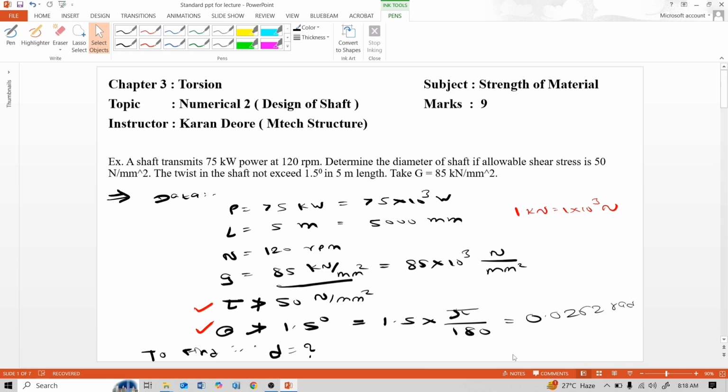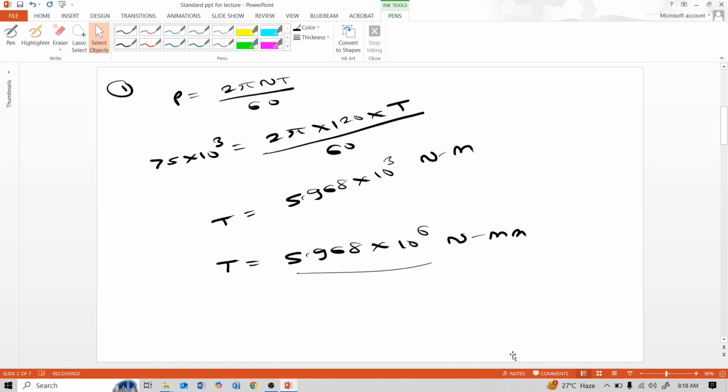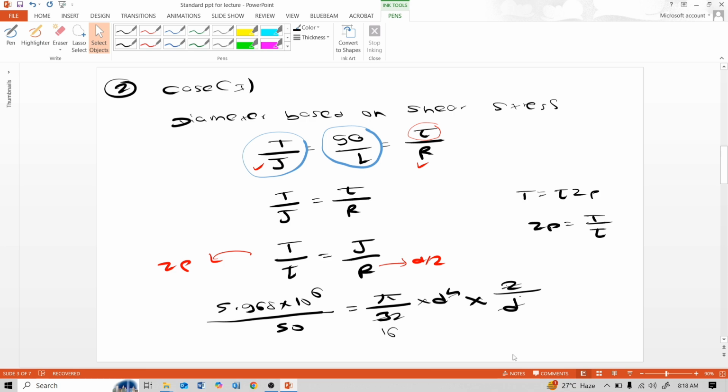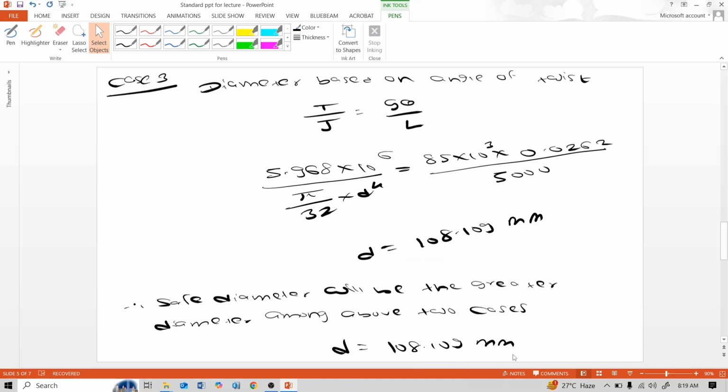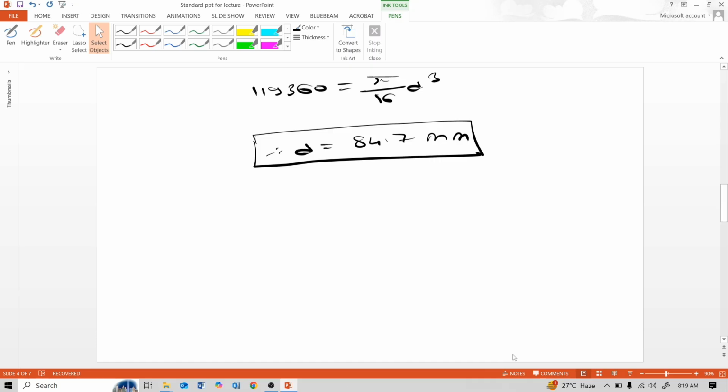See this numerical. They have given us power, length, number of revolutions, shear modulus, shear stress and angle of twist, and using all this data we have to design the diameter for that shaft. Using the power formula, first we found the torque, and using the torsion relationship T by J is equal to G theta by L and T by J is equal to tau by R, based on shear stress and based on angle of twist we found the diameter.